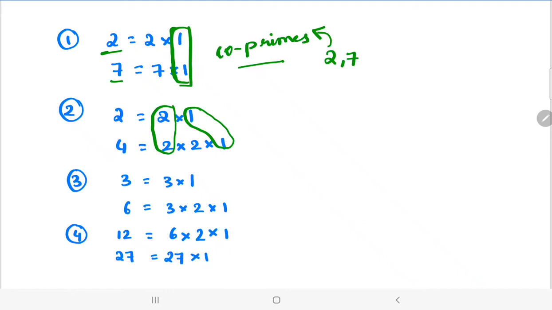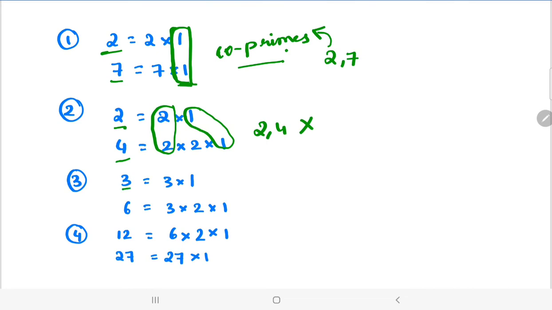What I told you is, whenever two numbers have only 1 as their common multiple, then they are coprimes. Here 2 and 4 have 1, but they also have 2 as a common multiple. So 2 and 4 are not coprimes.